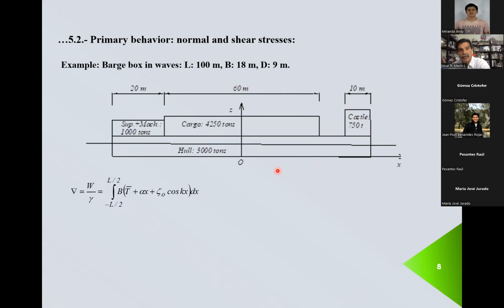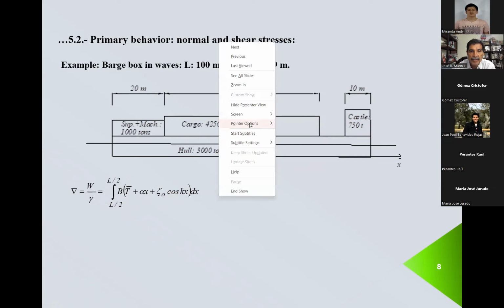Remember, in this case, since the section is rectangular, the area is going to be equal to B, which is constant, times the draft. This is the draft. So in this case, the section is simple.